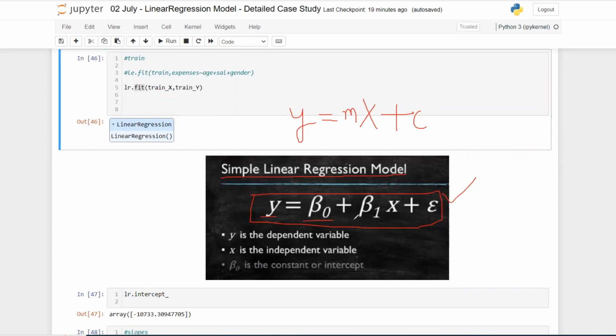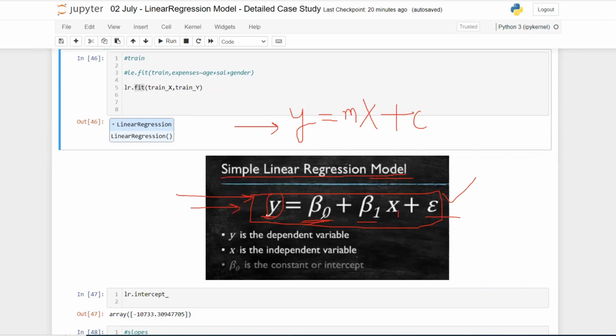Y equals beta naught plus beta 1 x1 plus a small error. So this equation and the earlier equation are the same, it's just two different representations, guys. However, this is what we have to look at in the field of machine learning. So here we are saying y, the target that has to be predicted, equals beta naught.